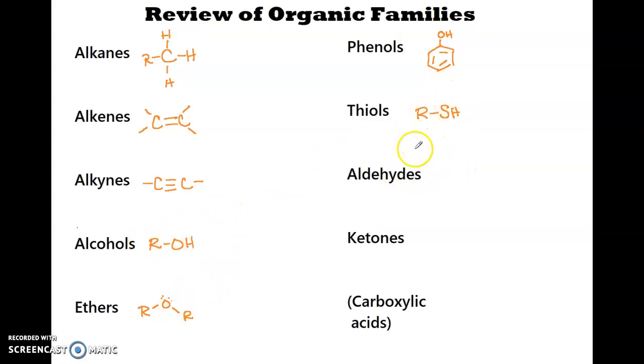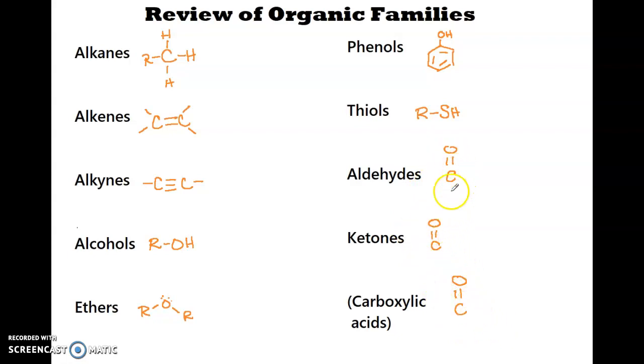And then our aldehydes. I'm going to go through these last three, aldehydes, ketones, and carboxylic acids, all at once and then go back, because all three of them are characterized as having a carbonyl group, a carbon double bonded to an oxygen. So that's critical to recognize.